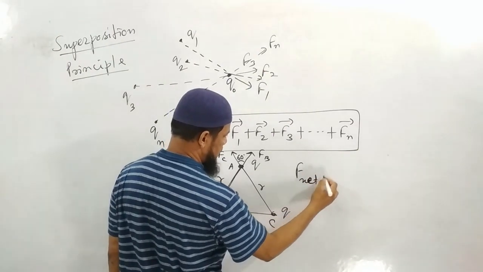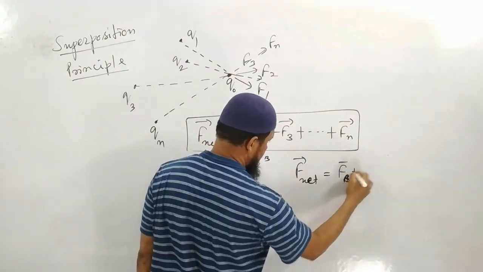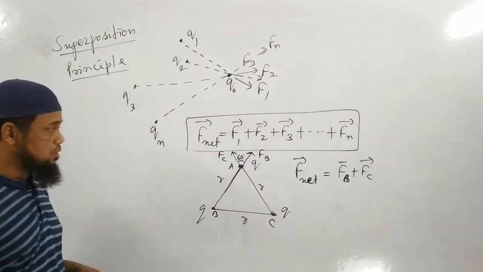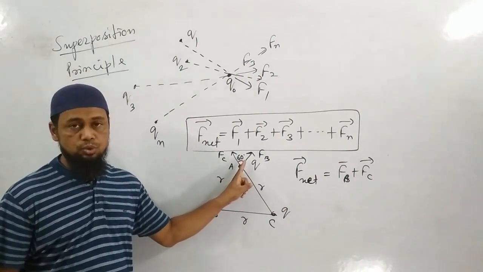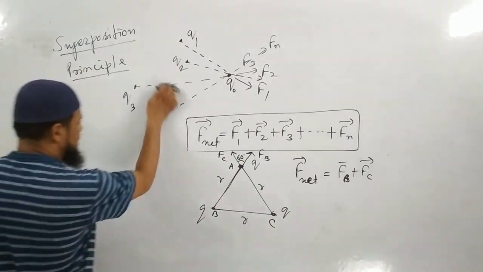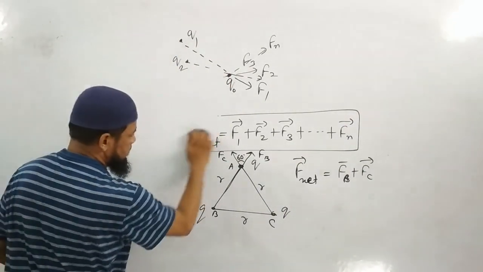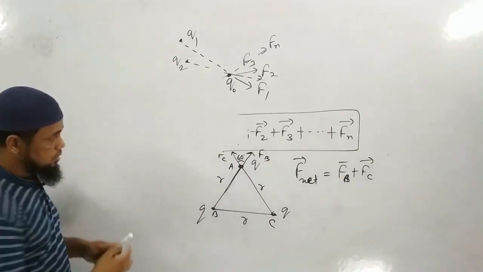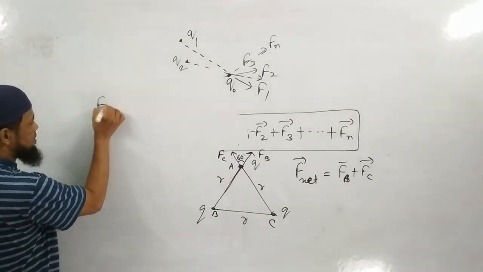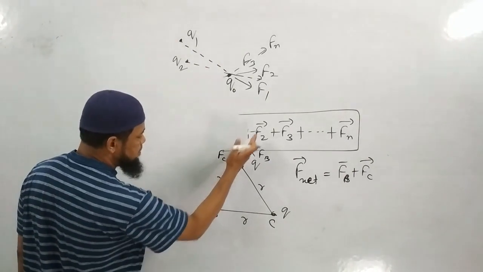So what will be the net force on A? Net force on A will become force by B plus force by C. What sum? Vector sum. That means you have to consider the angle between the two forces. Let me calculate it. What is the magnitude of force exerted by B on A?